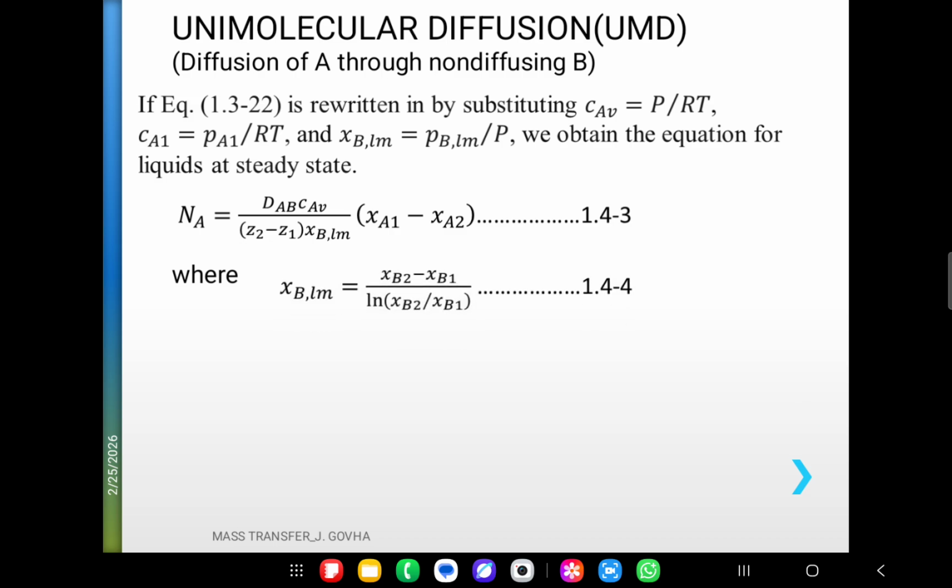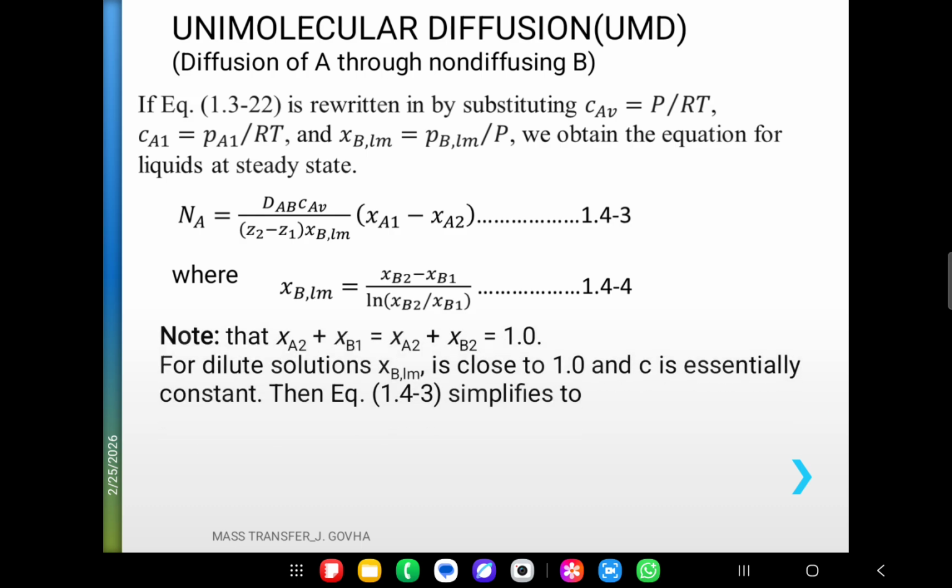Our log mean is similar to as defined earlier, and note that XA plus XB1 is equal to 1, and that can further be simplified into that.